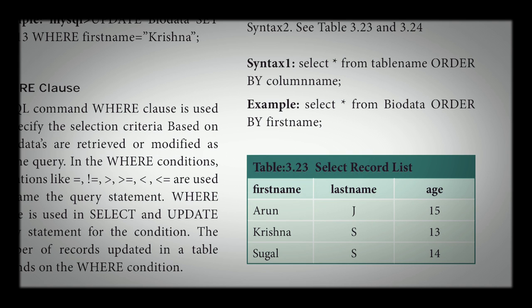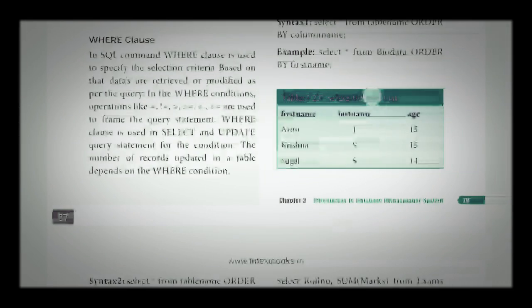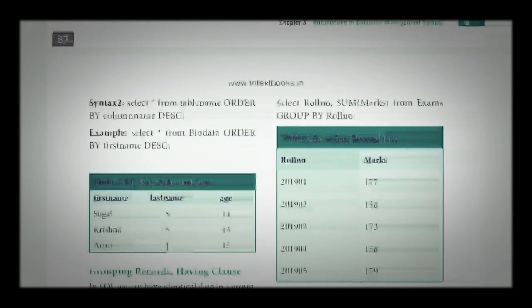This command will select every record in the table, but it will order it in ascending order based on this first name column. Here you can see the result.